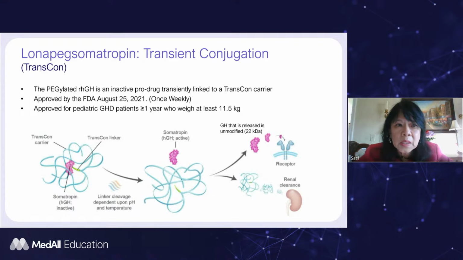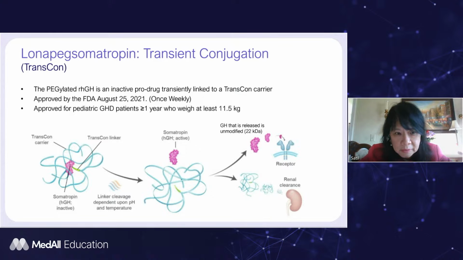The first one is lonapegsomatropin, and this is done by TransCon technology. TransCon is transient conjugation. So we have the prodrug that is unmodified, the same molecule as the daily growth hormone, but it has the TransCon carrier, which is polyethylene glycol, attached to the unmodified growth hormone with the TransCon linker.